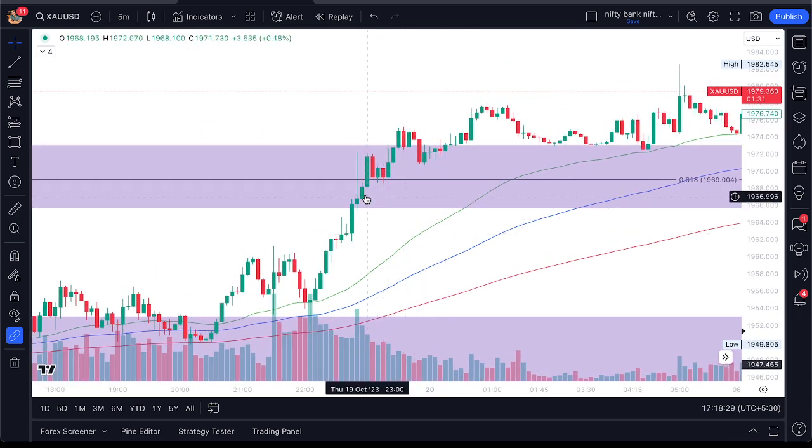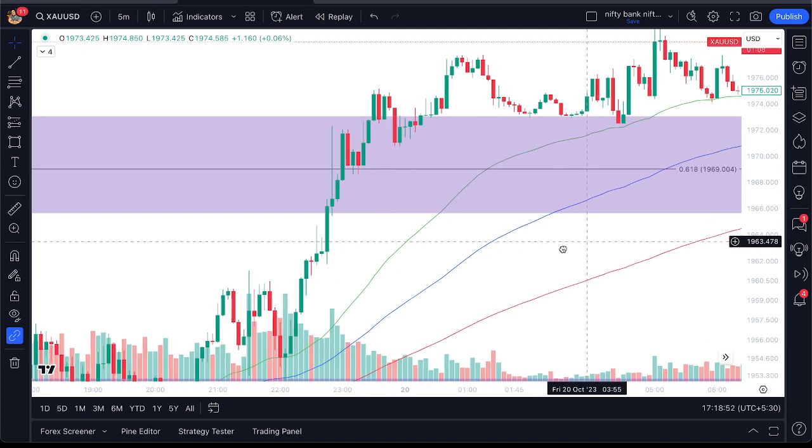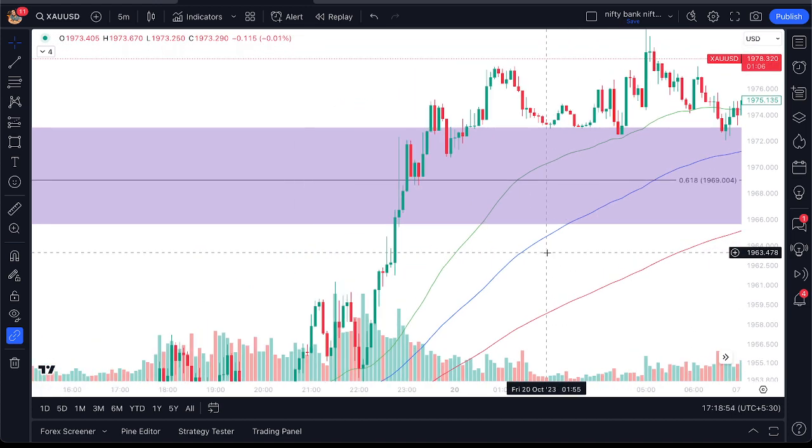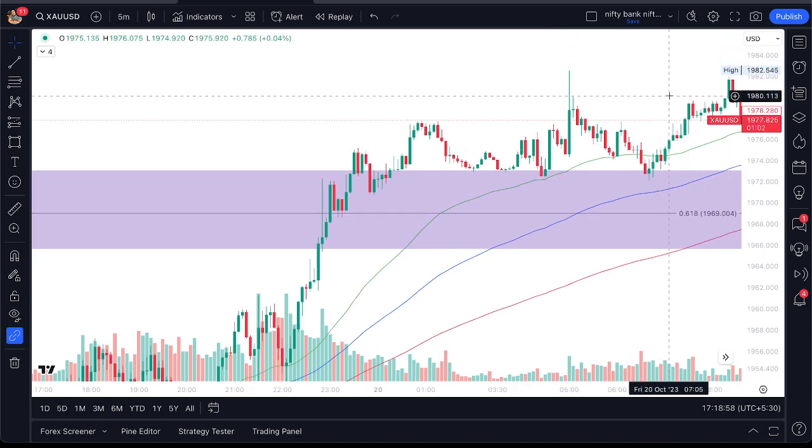So in the night it reached the 1972 level at the top of our zone, and it gave almost 60-odd pips. I usually take the majority of my profit in 5 pips only.